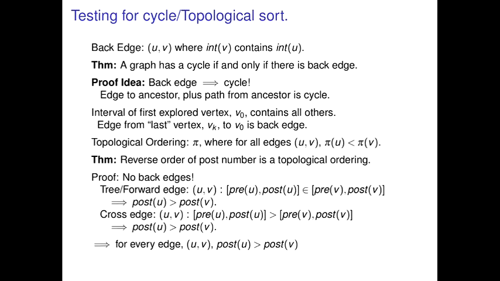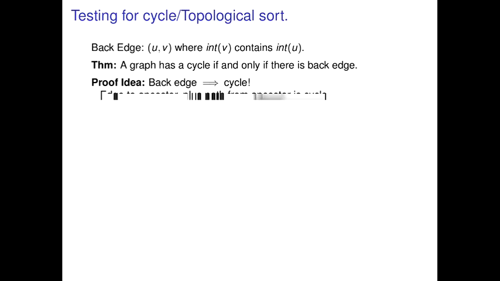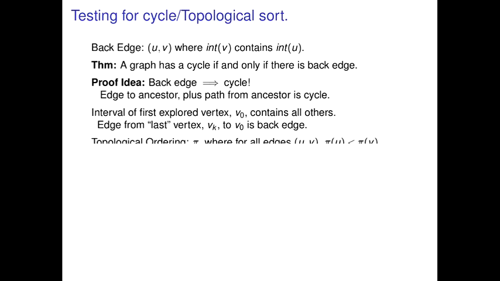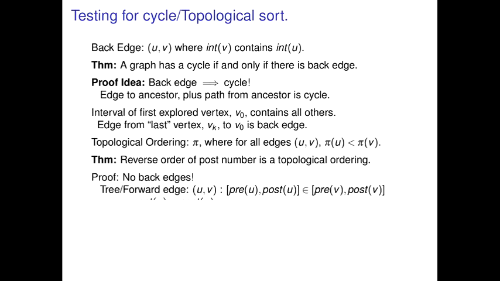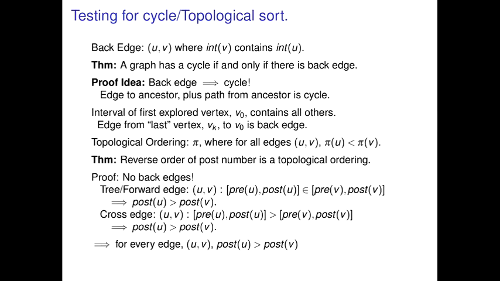He's asking, if a graph has a cycle, why can we not do topological sort? That's a good question. Does everybody see what the answer is? Topological ordering is where for all edges, the edges only go in one direction.